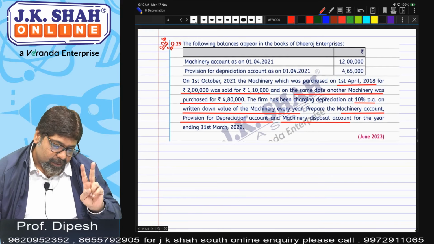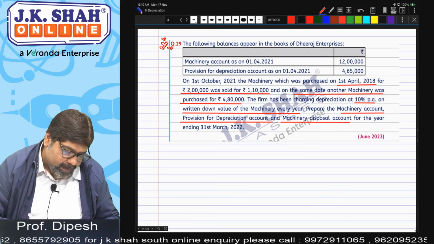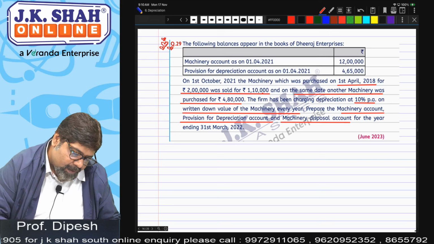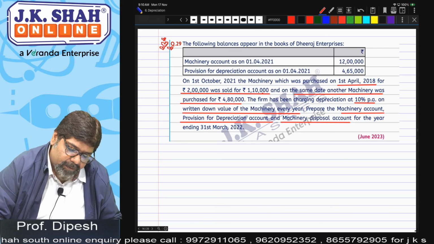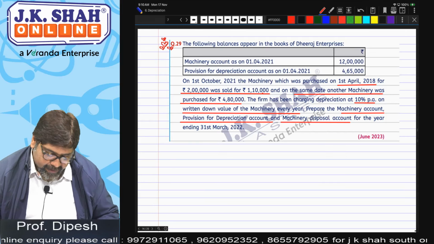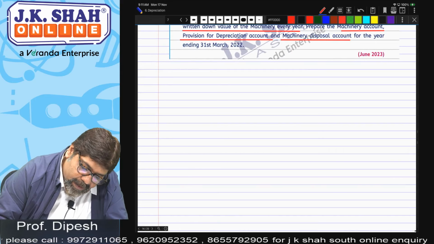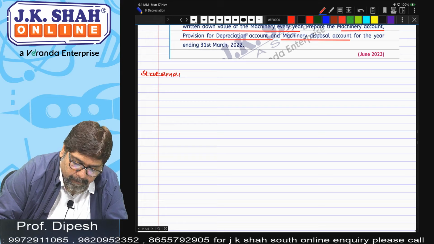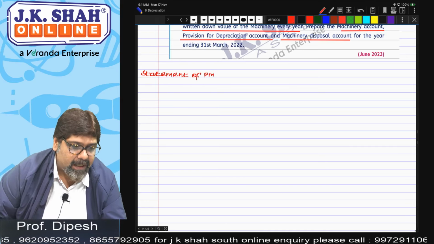Now chartered, in the last question one machine, two parts were sold and one part was unsold. Over here, this is today's value, out of which a machine which was purchased on 1st April is sold on 1st October 21. That means only one part is sold, one part is left. Correct? So we can say statement of plant and machinery.